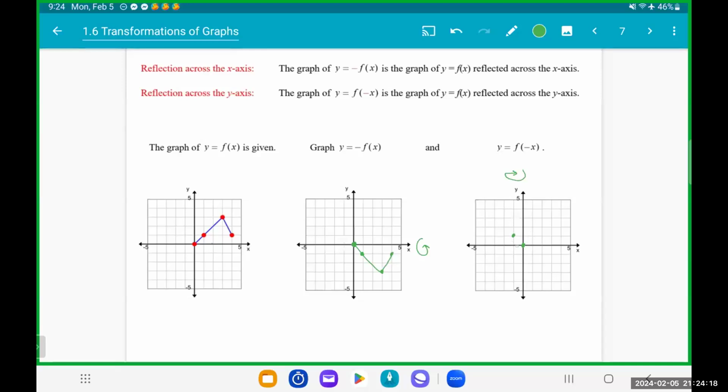So now I'm at -3, 3. And my other one is 4, 1. So now I'm at -4, 1. And that looks something like this. Similarly, if I had put paint on here and then folded it on the y-axis, it gives me this exact replica on the other side. Okay? Questions?